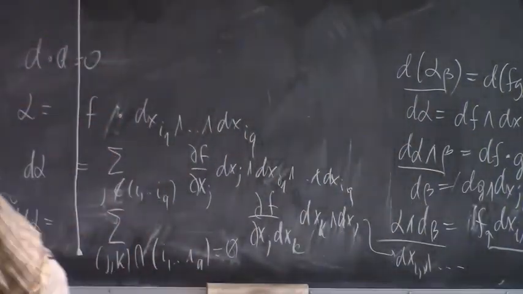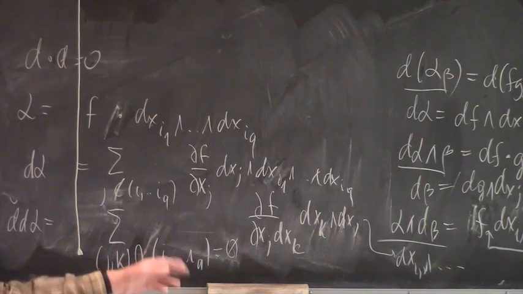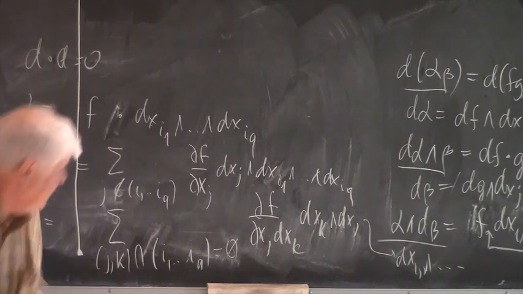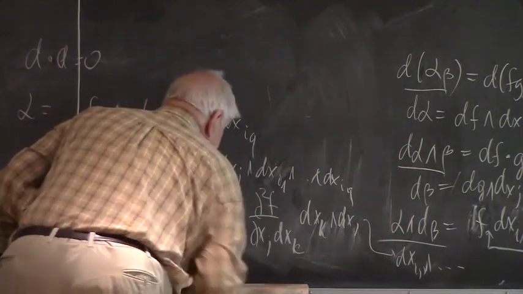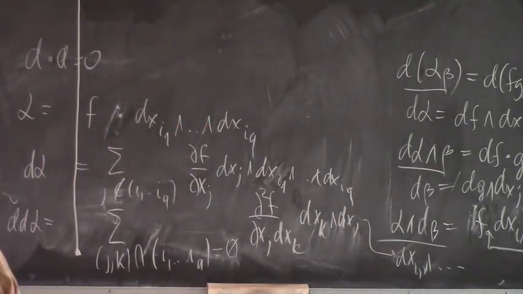Now it's very obvious that this summand appears twice, because j and k can be taken in any order. If you take first k and then j, you have the same partial derivative, because the second partial derivative does not depend, for infinitely differentiable functions, on the order.